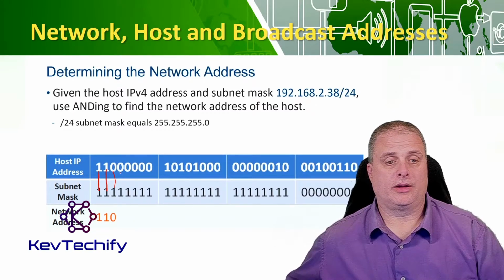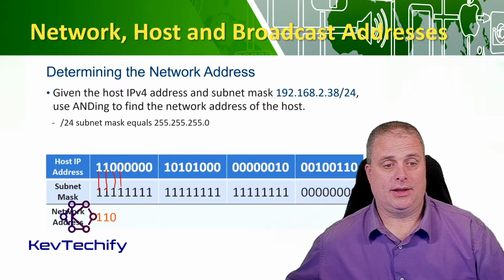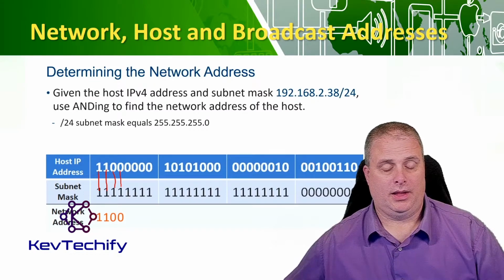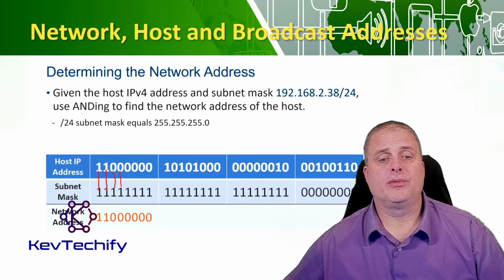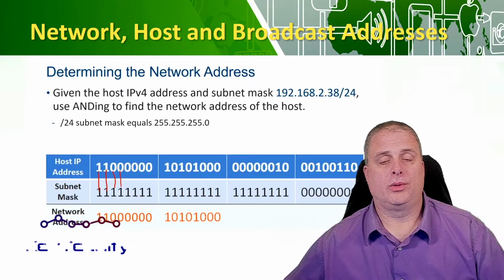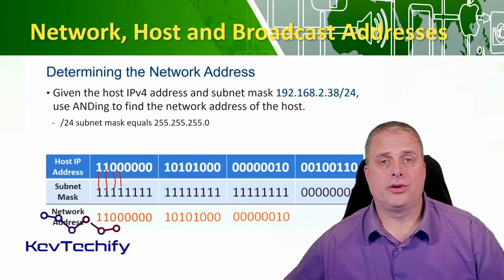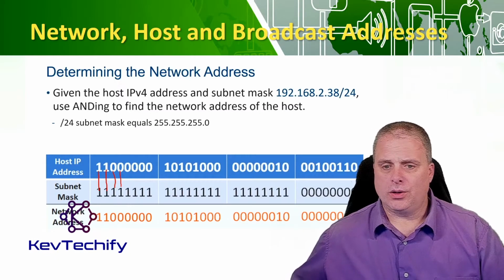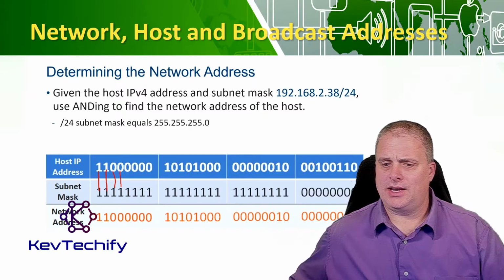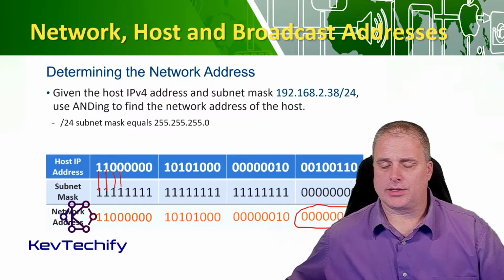And in the fourth column, a 0 and a 1, again, results in a 0. And so on until we have compared all 32 bits. Notice that the last octet here is all binary zeros in our network address.